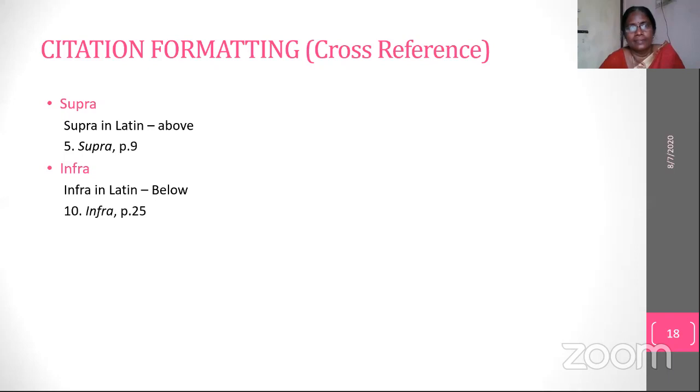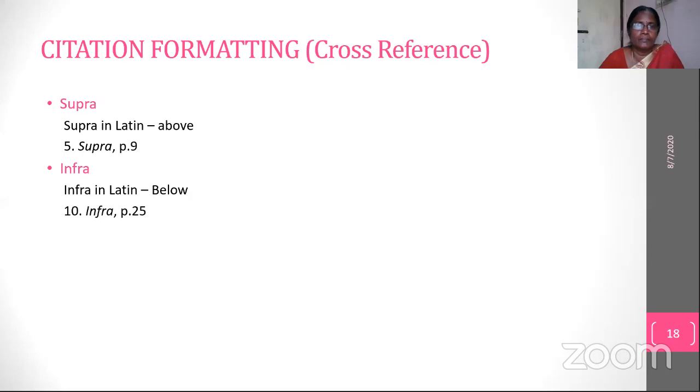This is the third method of citation formatting. The first is the first-time reference. The second is second or more references. The third is cross reference. First is first time.